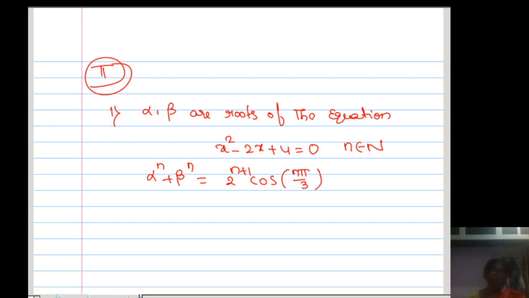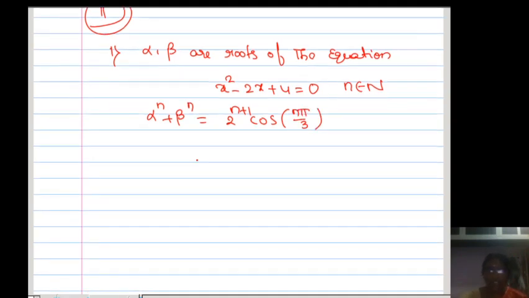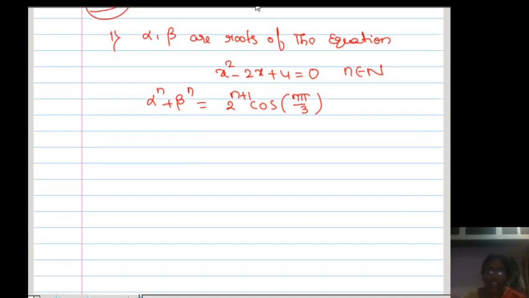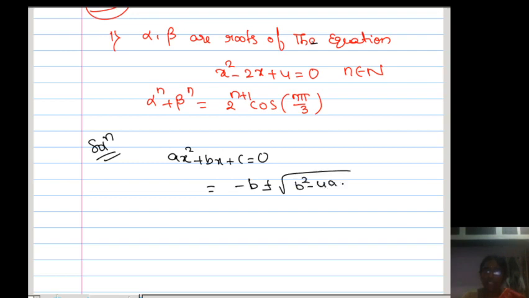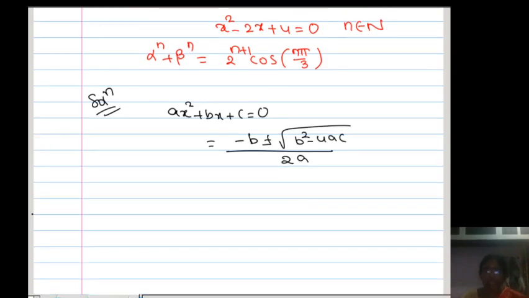Okay. So now how to simplify, let us see. Alpha and beta are roots of this equation. How to find quadratic equation roots, tell me. For example, ax square plus bx plus c equal to 0 is a quadratic equation. How to find the roots of this equation? Formula: minus b plus or minus under root of b square minus 4ac by 2a. I think everybody can remember this.